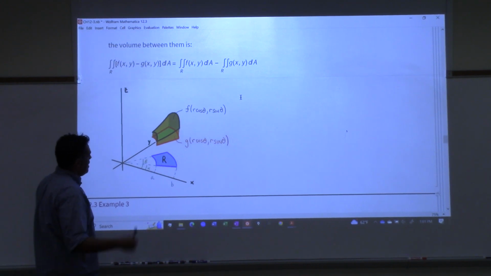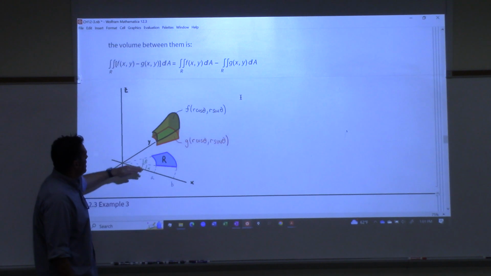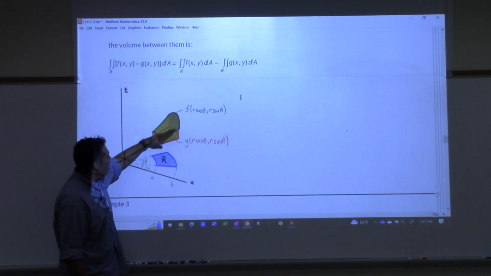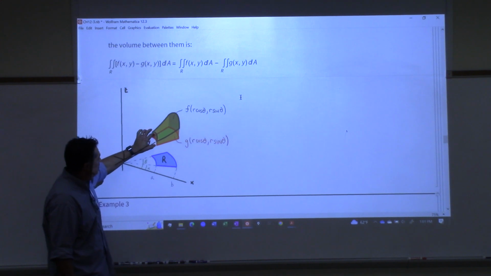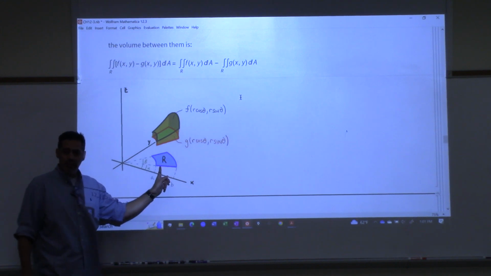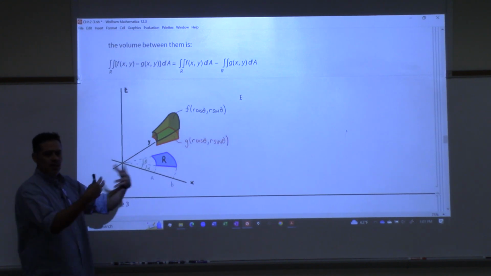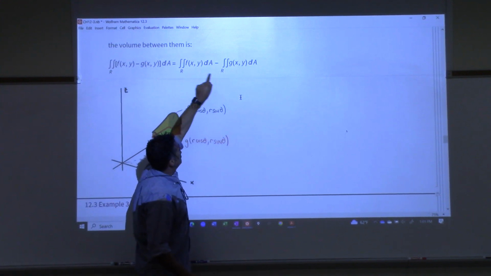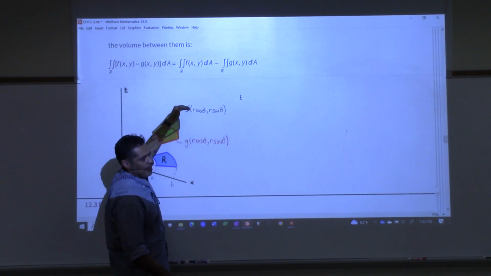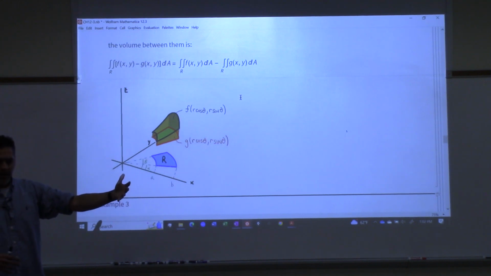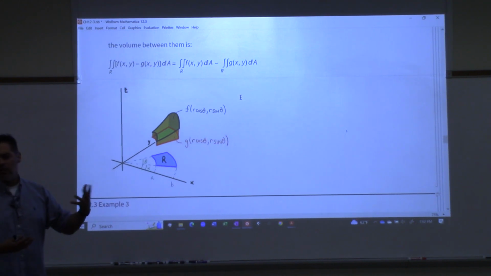We can extend the ideas from the previous section: if we have two surfaces, f and g, which are functions of x and y, and we want the volume of the region between them over some domain R, and R is a polar region, then we convert everything to polar and subtract the double integrals. It's just like subtracting the top from the bottom, like in Cal 2: top function, bottom function, subtract the two. Here we're just subtracting volume.